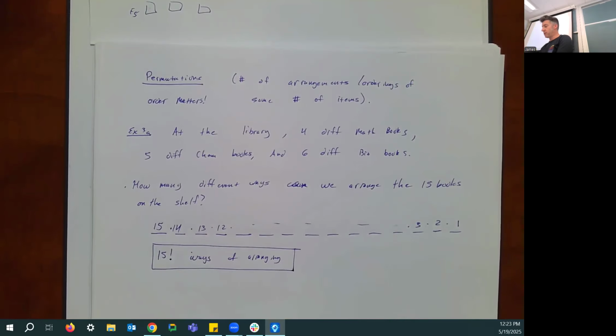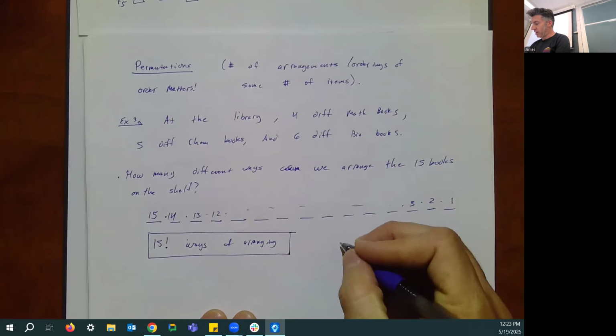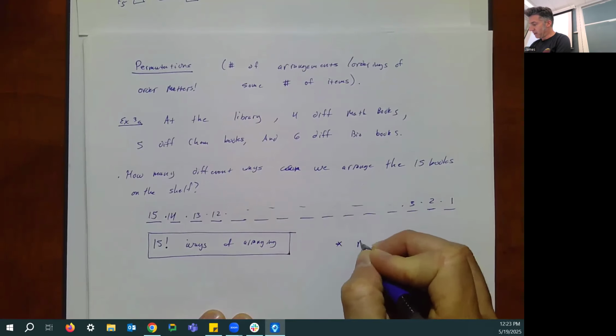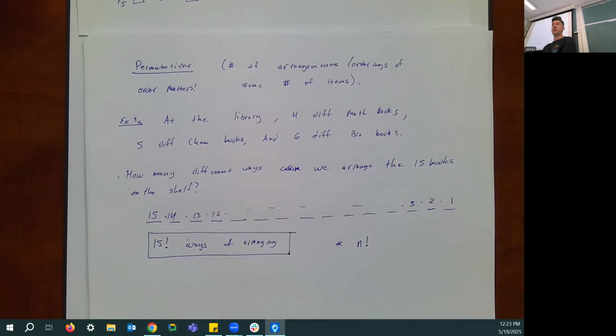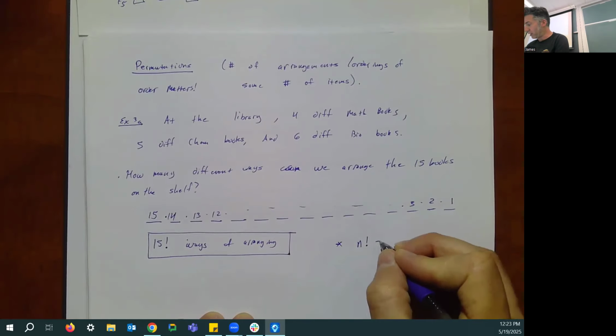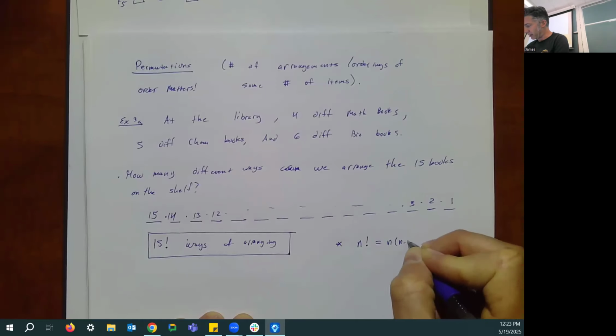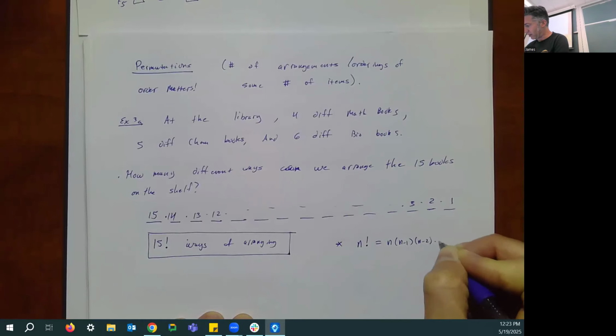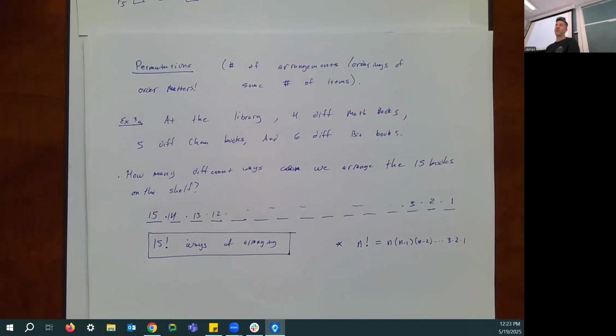And more to the point, when we say n factorial, that just means that number n has to be a non-negative integer, and that number is multiplied by every number less than it all the way down to 1. So n factorial is n times n minus 1 times n minus 2 all the way down to 3 times 2 times 1. So if I say 7 factorial, you should be thinking, okay, he means 7 times 6 times 5 times 4 times 3 times 2 times 1.